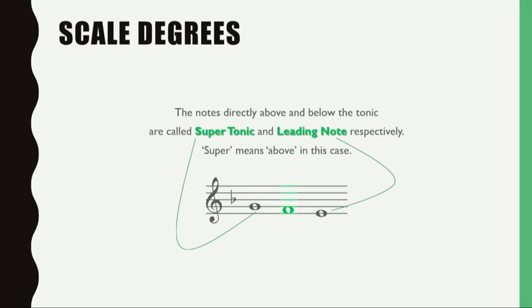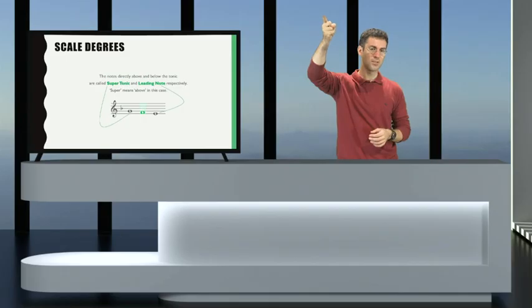That semitone creates a feeling of forward movement, as though it's going to go forward. It's leading you to the tonic. That's why it's called the leading note. The note just underneath the tonic is called the leading note because it's pushing you towards the tonic. If you know tonic solfa at all, there are hand signals for each of these degrees of the scale. The signal for the leading note is the hand pointing up like this. It's showing you that we're pointing towards going to the tonic, which is always this. Leading note, tonic.